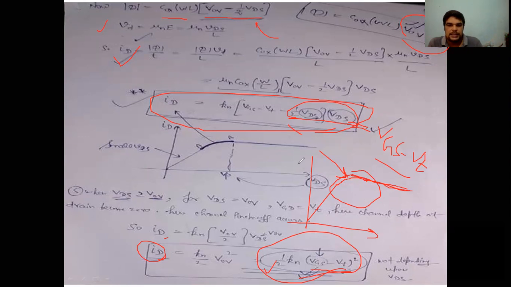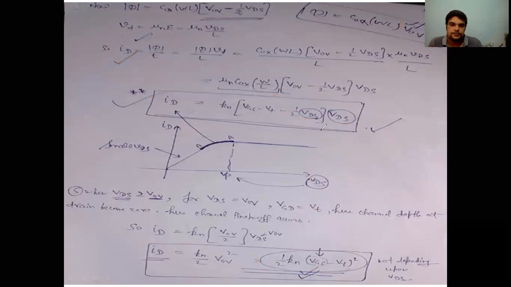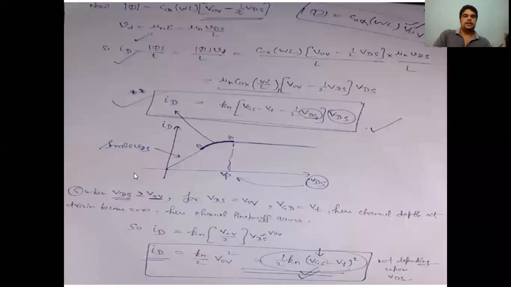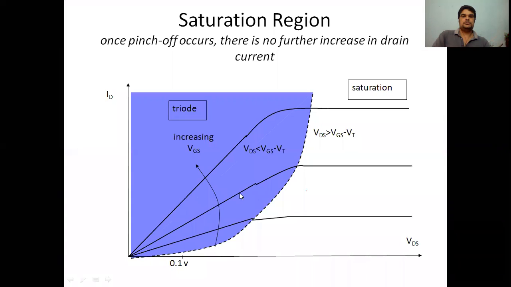That's why the curve beyond the pinch-off region looks like what we discussed here. This is the curve for a constant value of drain current.